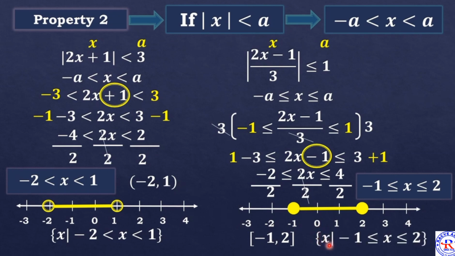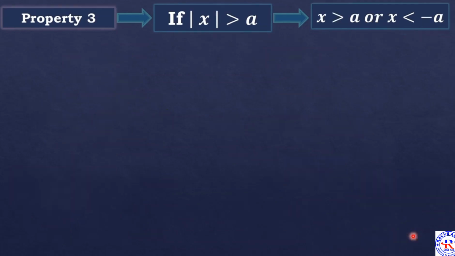The set of all x such that x is greater than or equal to -1 but less than or equal to 2. And the last property is we have kapag ang inequality symbol mo ay greater than or equal. Okay? So, pareho lang yan. Greater than or equal. So, kapag ito naman ang inequality symbol, ito naman po ang gagamitin natin.